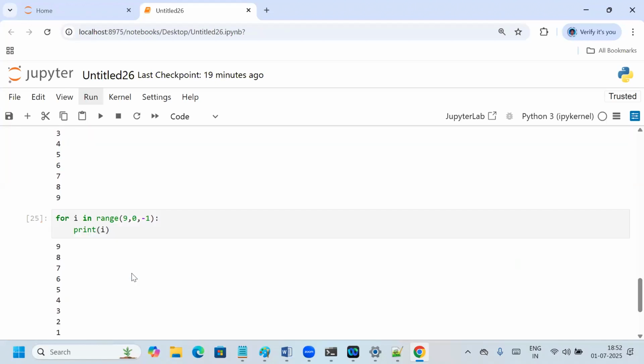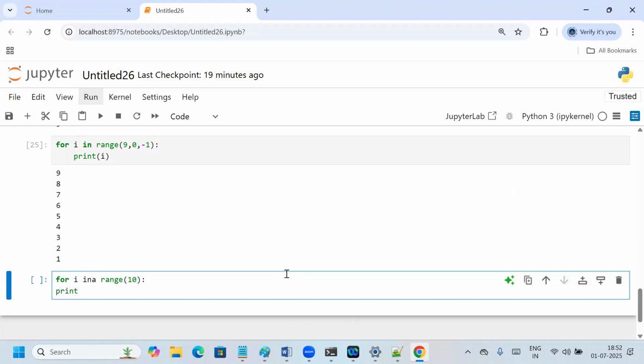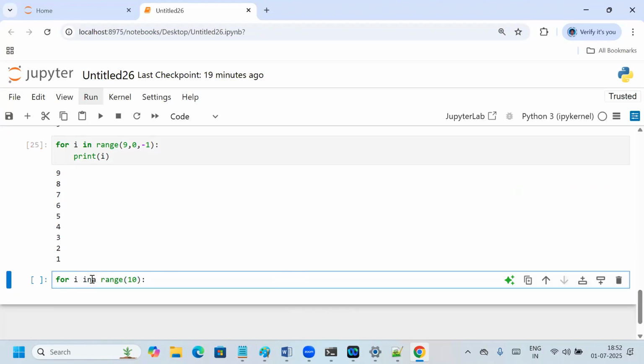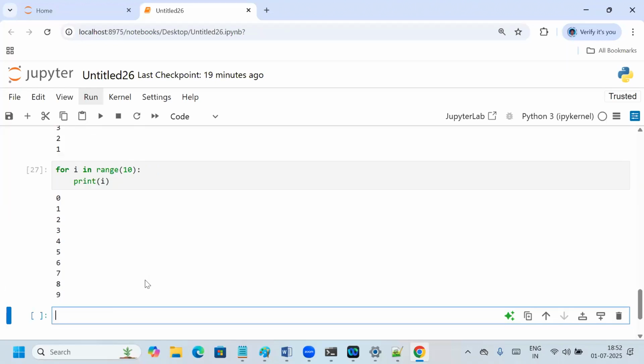Correct? Okay. Now see, guys, in this, which steps are mandatory and which steps are optional? Suppose I'm writing for i in range(10), and I'm writing here print i.